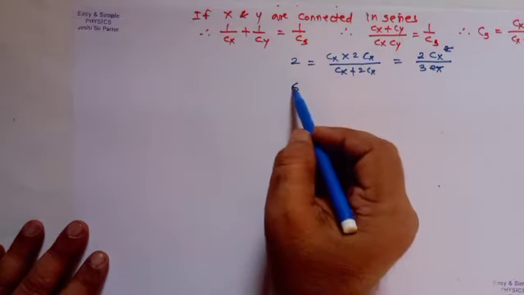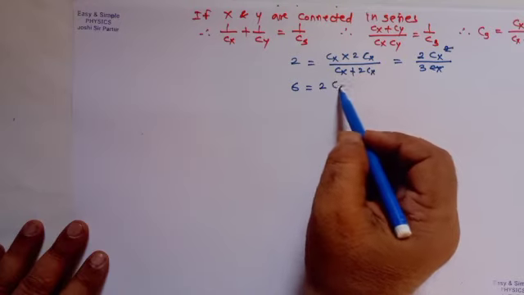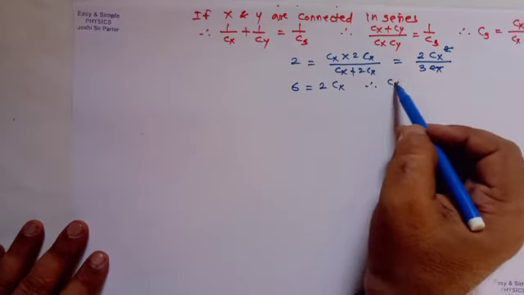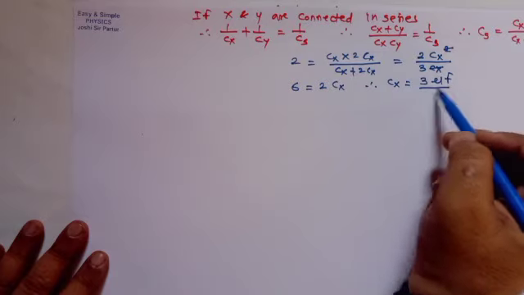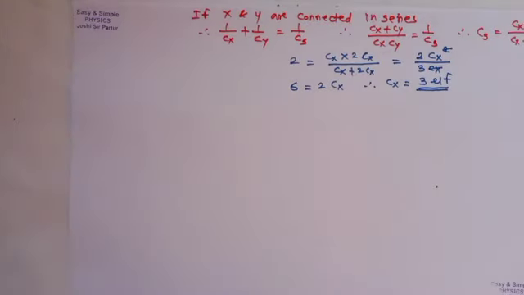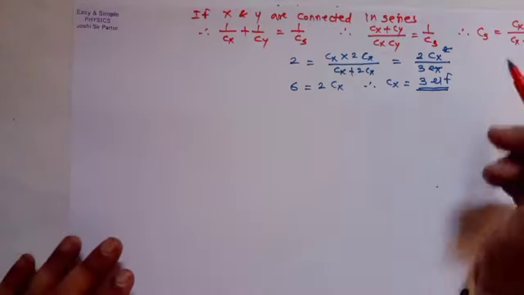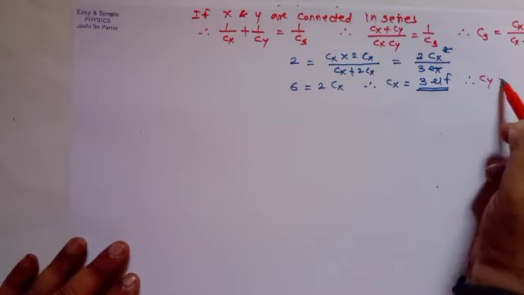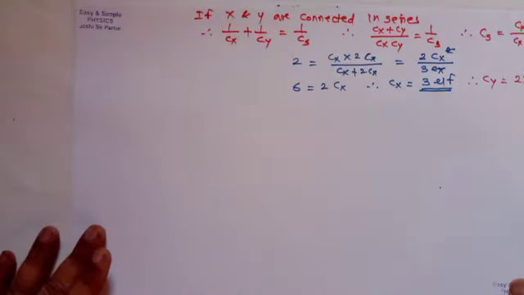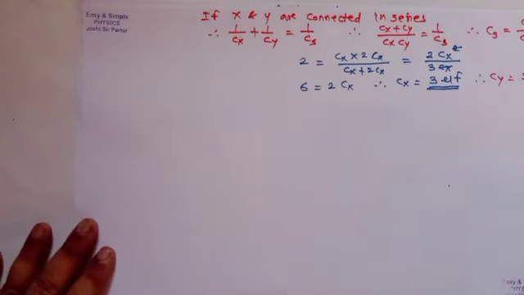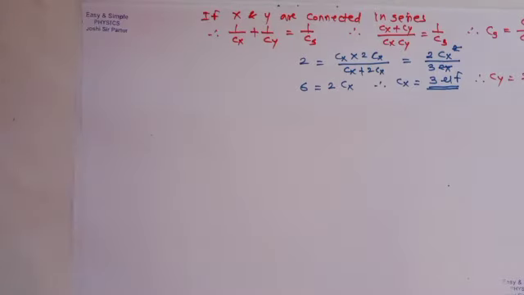So, here 6 is equal to 2Cx and therefore Cx is equal to 3 microfarad. If Cx is 3 microfarad, then Cy is equal to 2 into 3, that is 6 microfarad. So Cx and Cy are calculated, 3 and 6.